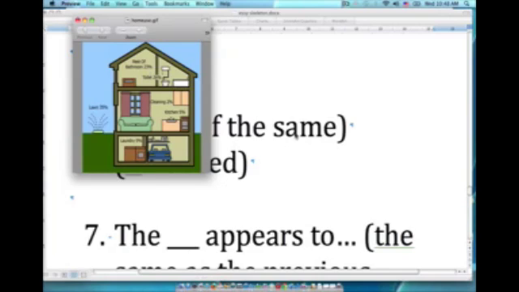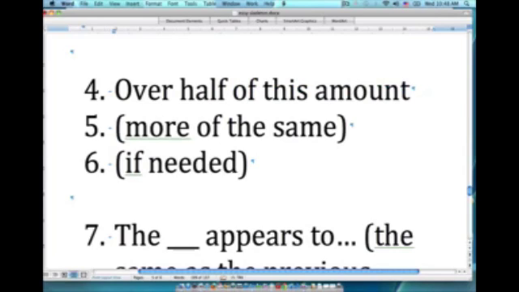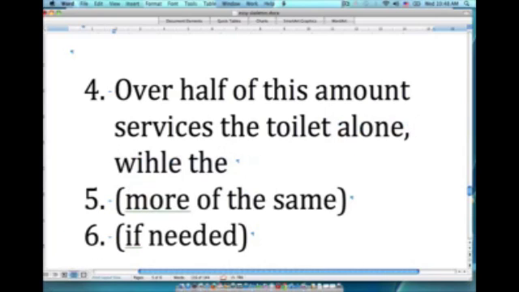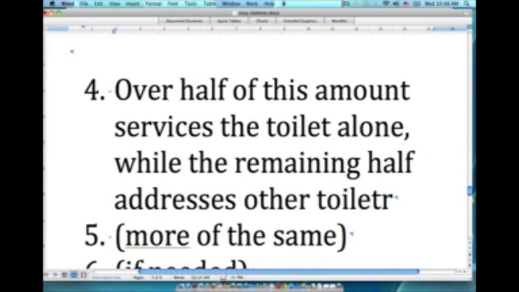So let's say over half of this amount services the toilet alone, while the remaining half, we'll say, addresses other toiletry needs.